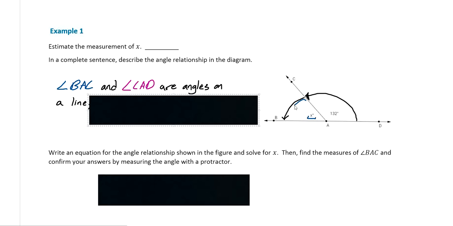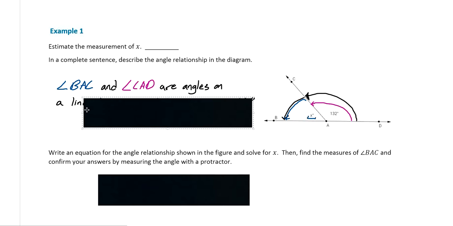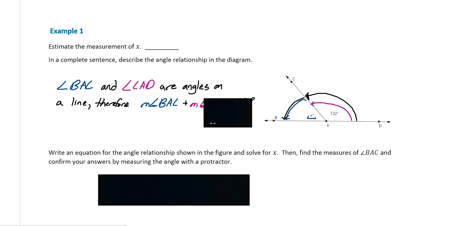So there we have it. We have angle BAC right there, and angle CAD right here. Okay. So what do we know about angles on a line? Well, if you look at your chart above, angles on a line add up to 180 degrees.